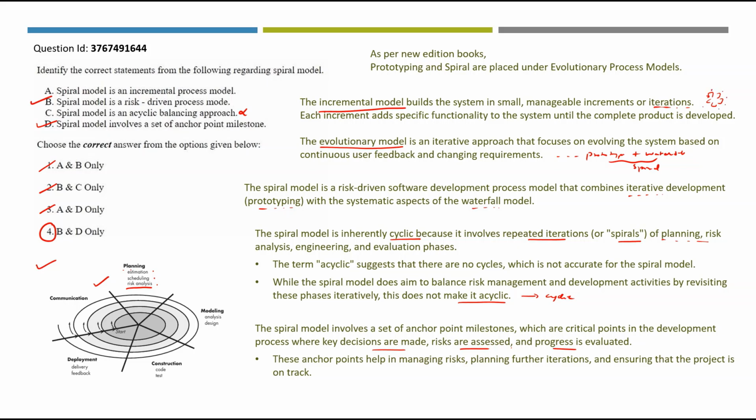Every increment undergoes the same set of phases and finally you get the complete product. But here you don't have an increment approach. Here you are evolving the system continuously by changing requirements. On the whole you are developing in the evolutionary model, but increment by increment you are adding specific functionality to the system in the incremental model. There is a difference between both the models, though they share many characteristics in common. So that is why we are ruling out option A.